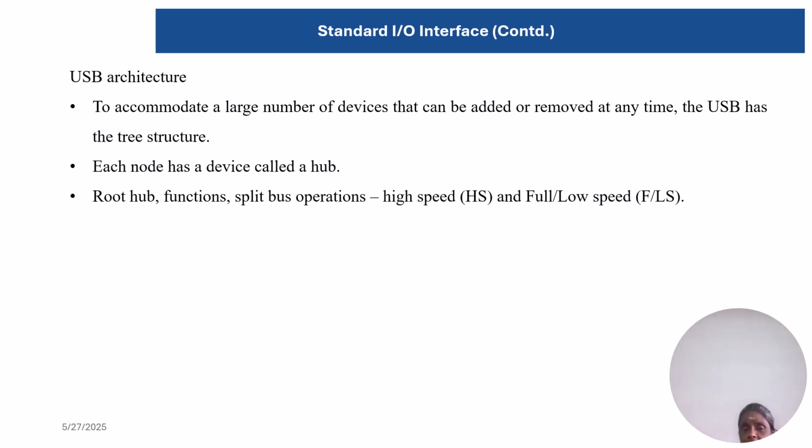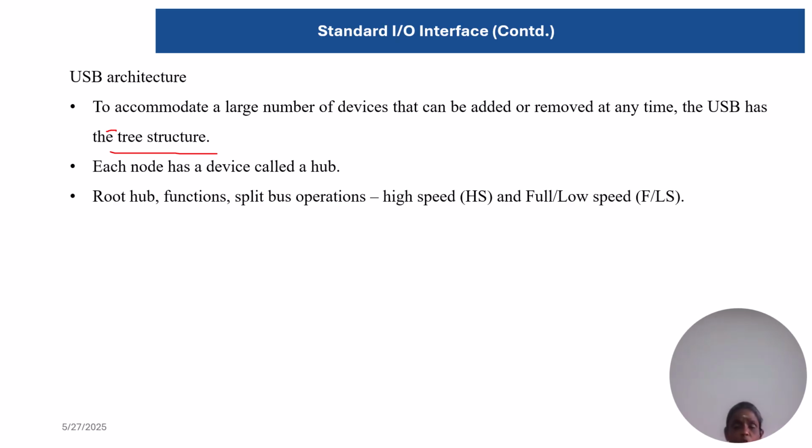Now the USB architecture, and how it is provided to accommodate a larger number of devices that can be added or removed. Till now we have talked about adding ports or devices, but removal is also possible at any time if we are using USB in the tree structure. In the tree structure, each node has a device called a hub.